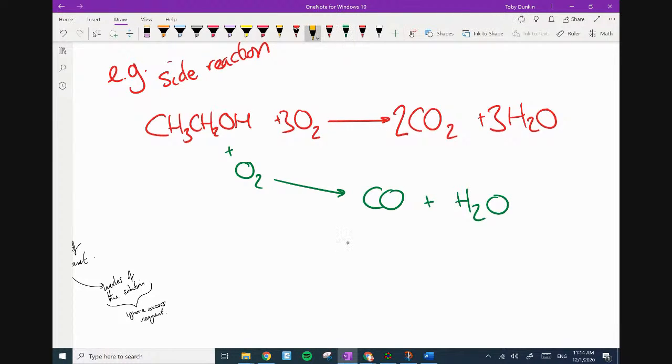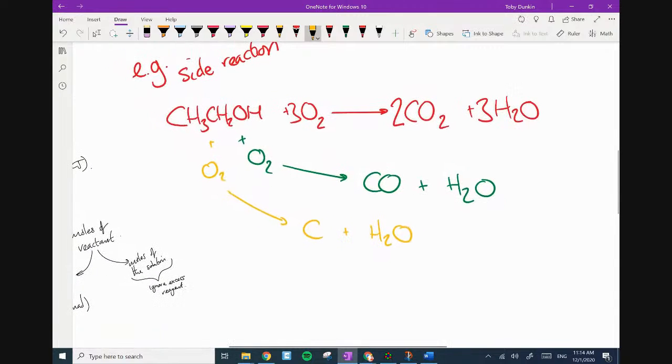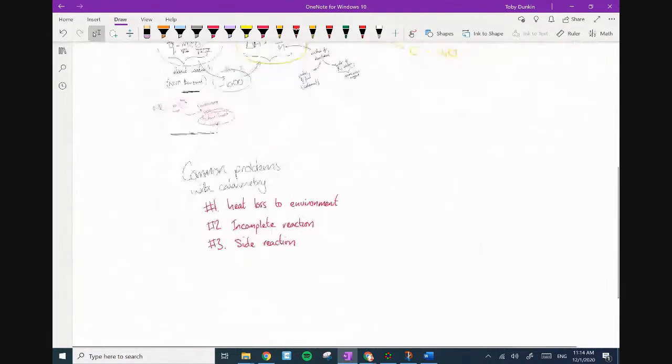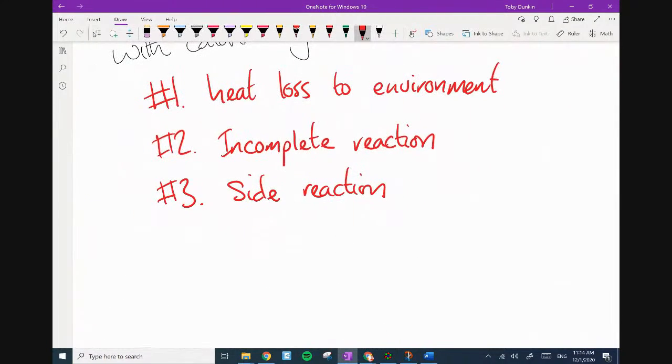Well, there's also going to be a third one. We'll also have it reacting with oxygen to make carbon and water. We're getting side reactions here, the incomplete combustions. What that means is we're never going to get the output we expect. This is a nightmare. So side reactions.